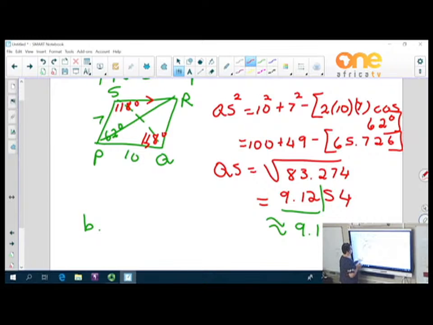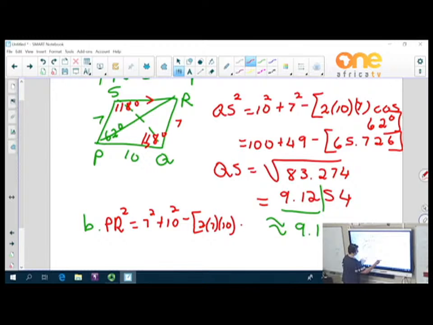We want to calculate PR now. Obviously this one is also 7 because it is a parallelogram. So I can say that PR squared is equal to 7 squared plus 10 squared minus 2 times 7 times 10 cosine, and now we use 118 degrees, which is again an obtuse angle.